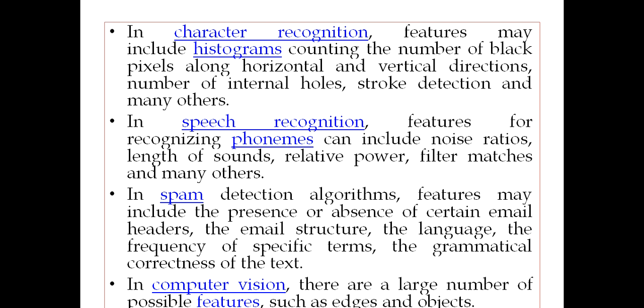And in our very own field, computer vision, there are a large number of possible features like edges, objects and particular regions. Those may be the features with respect to computer vision and image processing. I hope you got what a feature is.